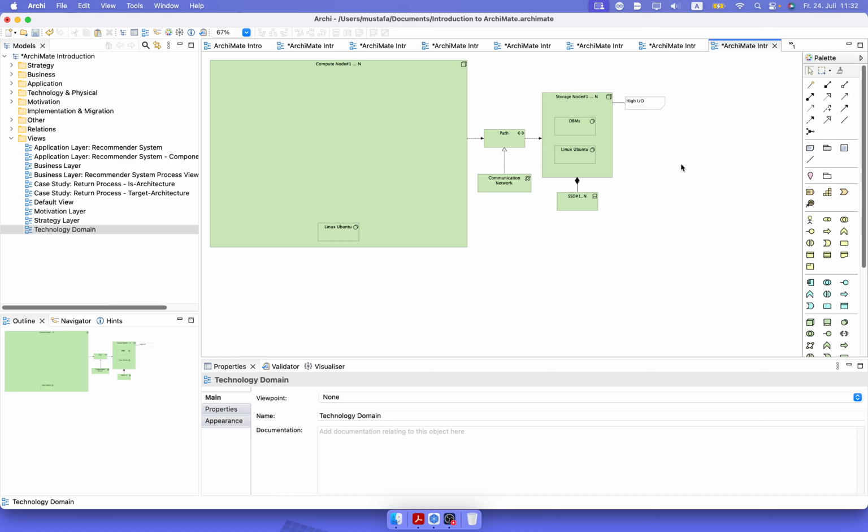So I show here that we have high IO, or even more specific, IO related to the disk itself. You can be specific and say 3000 IOPS, input-output operations per second.